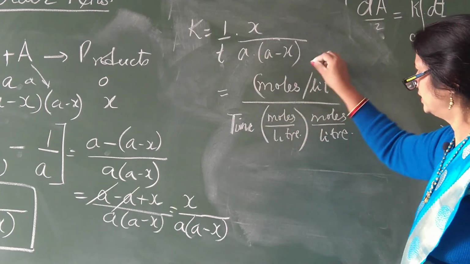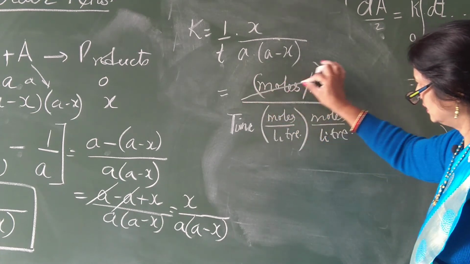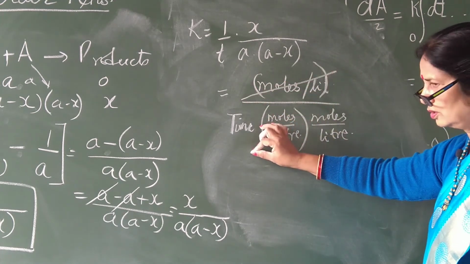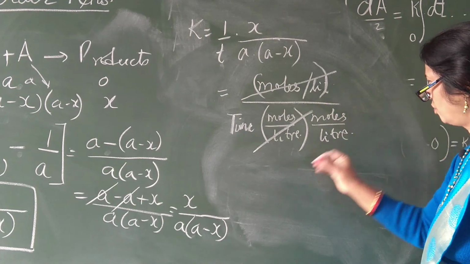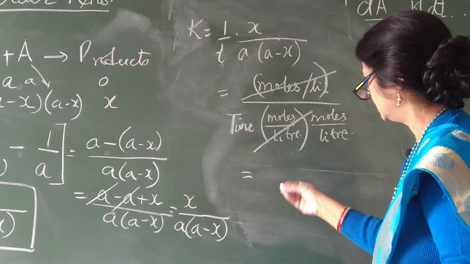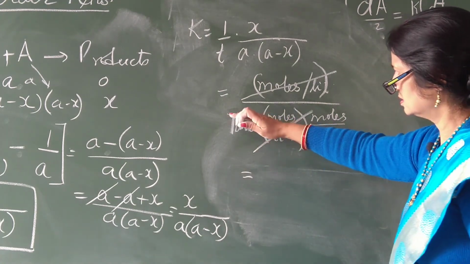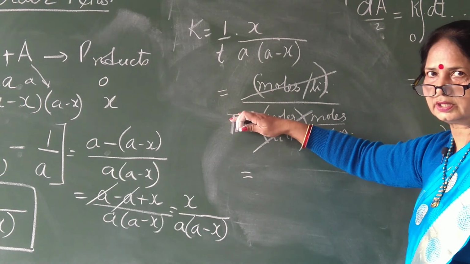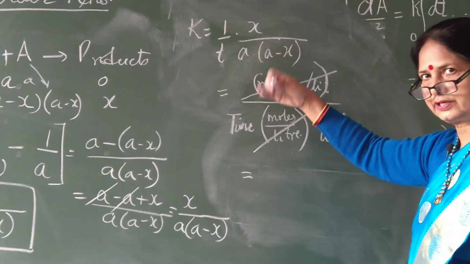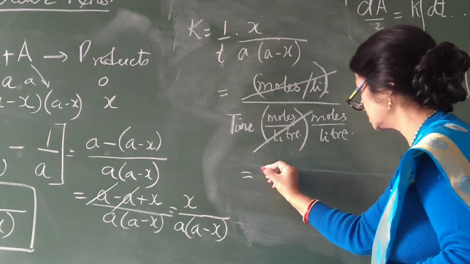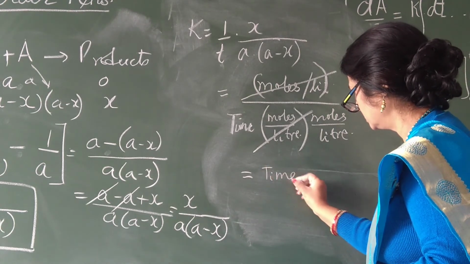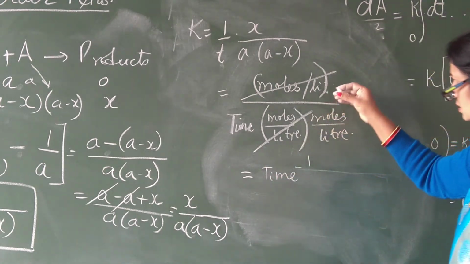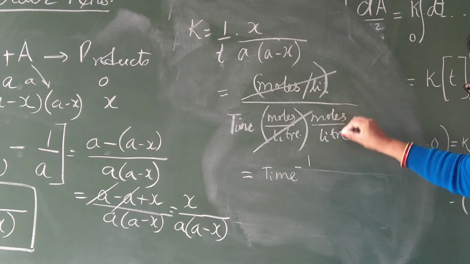So one moles per liter term gets cancelled with the other moles per liter term, and what remains is time inverse. Look, time is in the denominator, and when we carry it to the numerator, it becomes inverse. Now let's see this moles per liter.